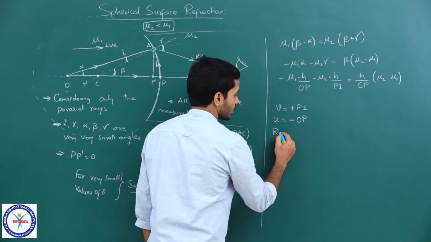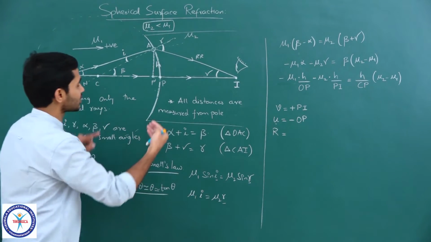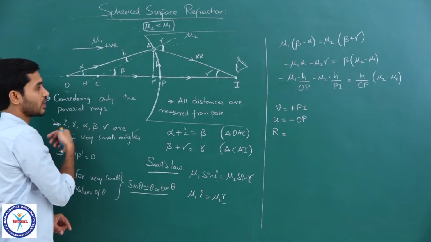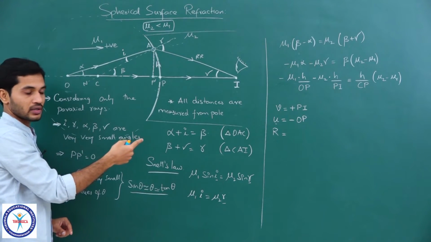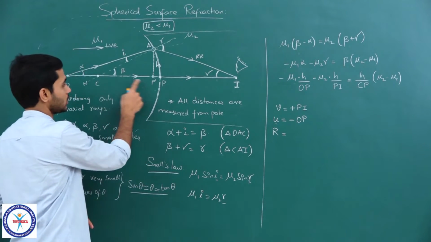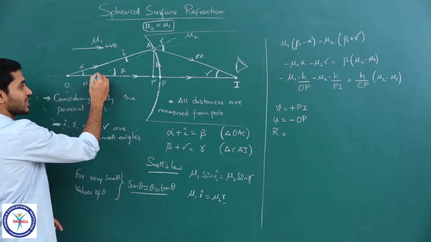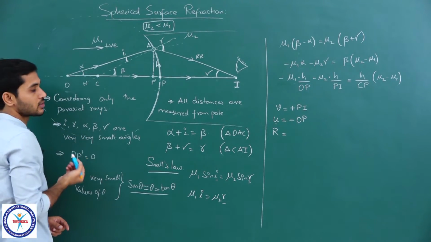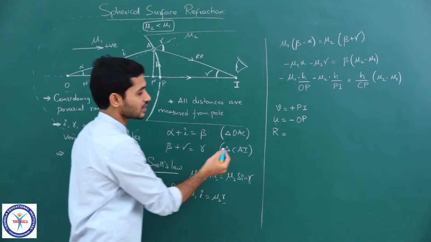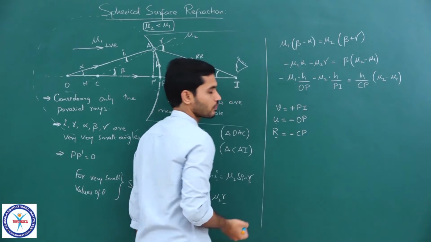Now, similarly, CP is R, right. So, in this case we can say even the center of curvature is on this side, correct. So, whenever I am writing the value of R, I should be writing it as minus of CP. So, this length is CP, and because the center of curvature is on this side, I should be considering the value of R as minus of CP. Is that clear?